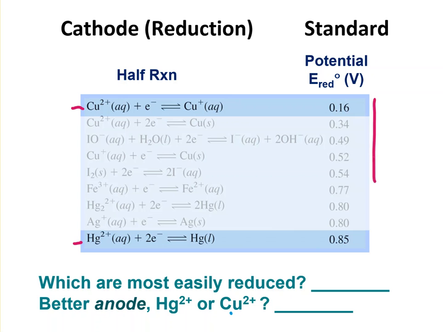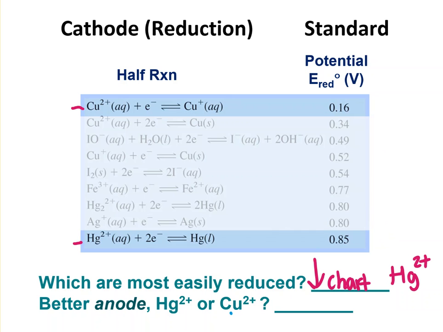As I move down this chart, the numbers get bigger and more positive. So those are going to be more favorable. So down the chart is more favorable, and so the most easily reduced would be this mercury ion.